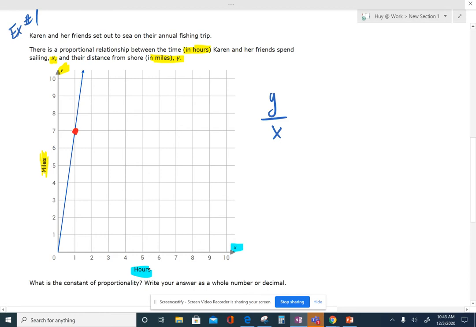All right, and that point, since we're talking miles per hour, we're going to go across to 7 miles. And then your hours right down there is 1. 7 over 1 is the same as 7 wholes.